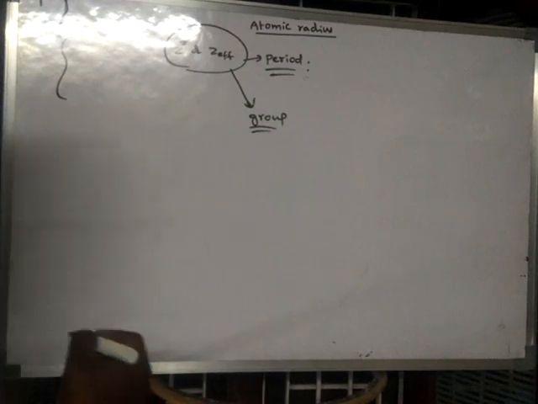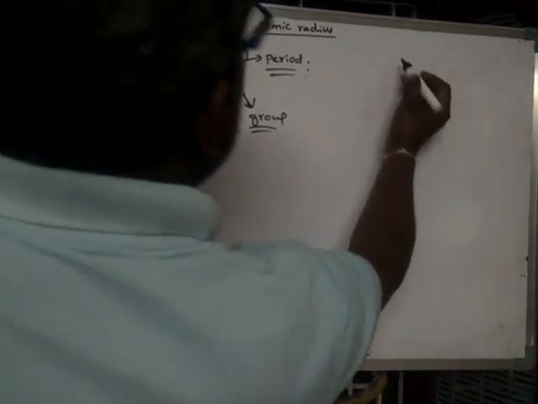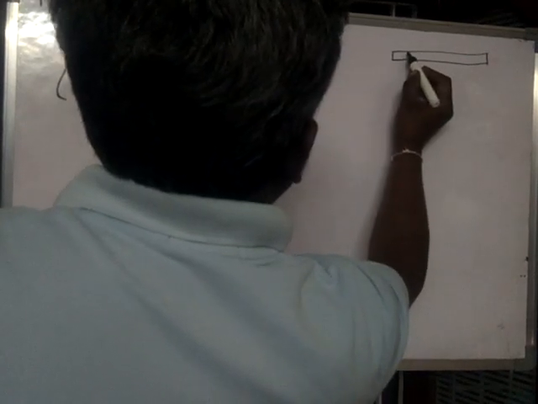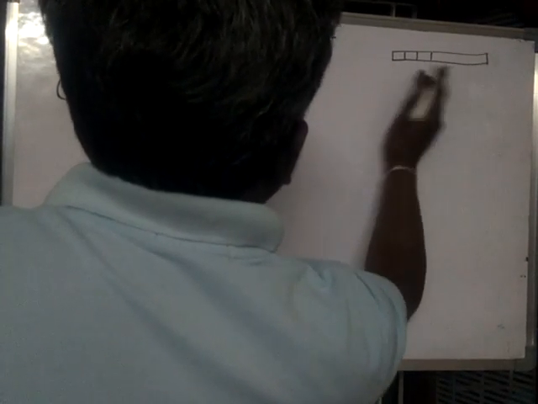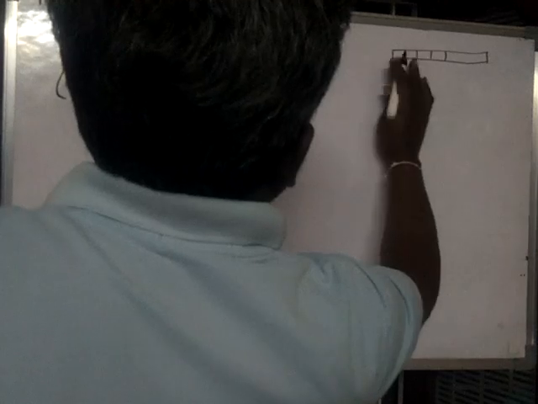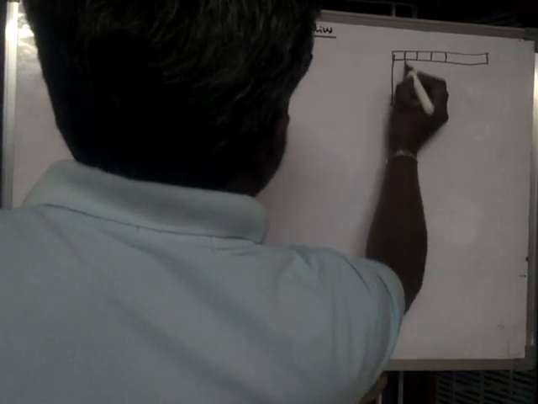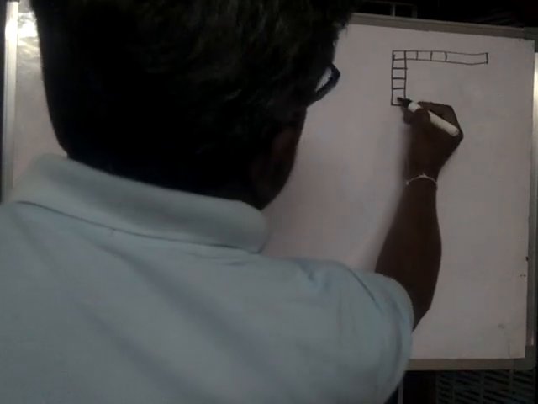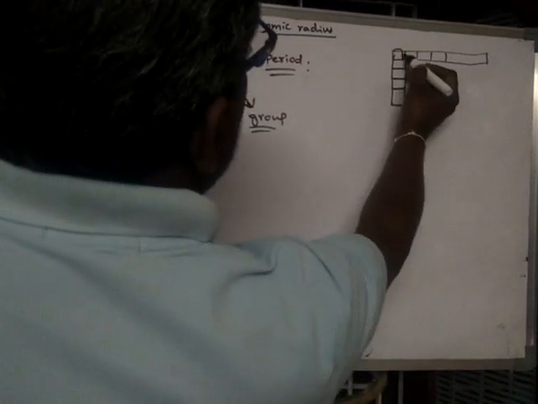Along a period, from left to right. In our periodic table, as we move from left to right, it is said to be a period, and if we move from top to bottom, down the periodic table, it is said to be a group.